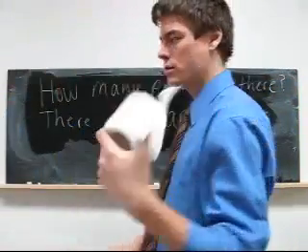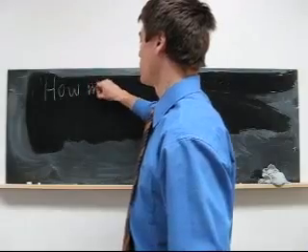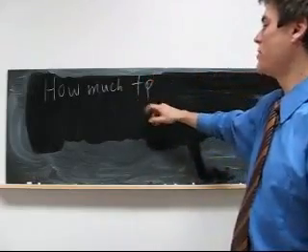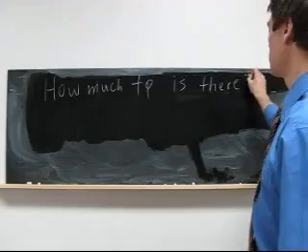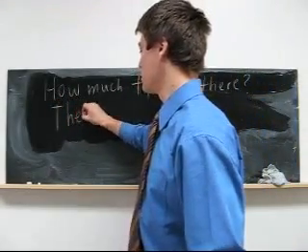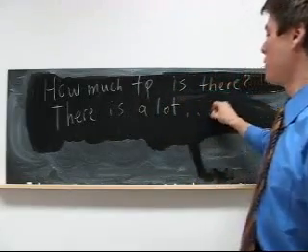let's do this one, for example, the toilet paper one. How much toilet paper? I'll go TP for toilet paper. How much toilet paper is there? There is a lot of toilet paper.